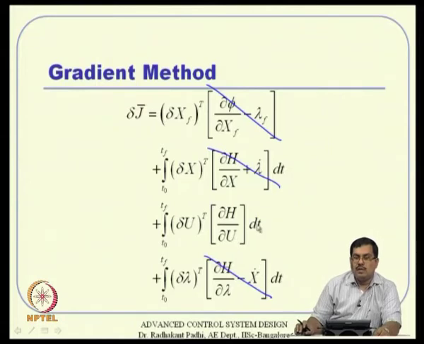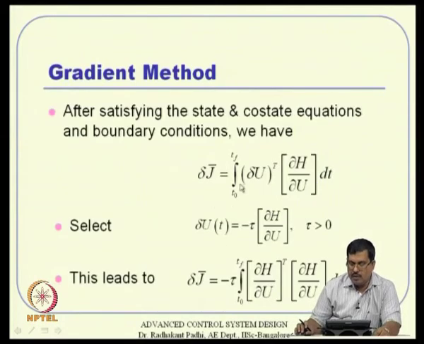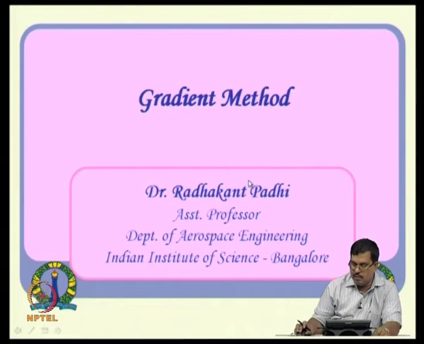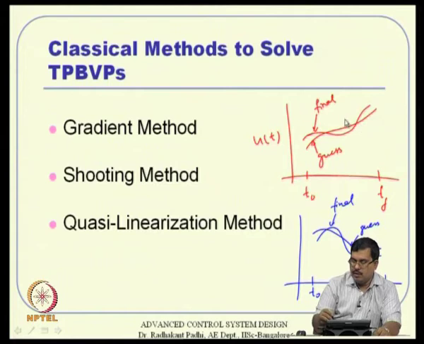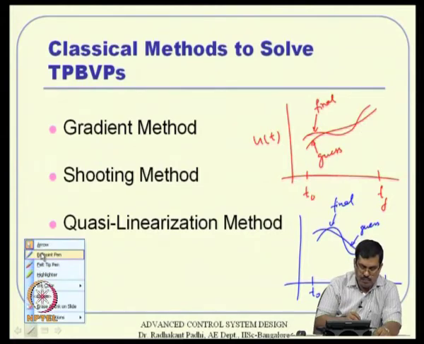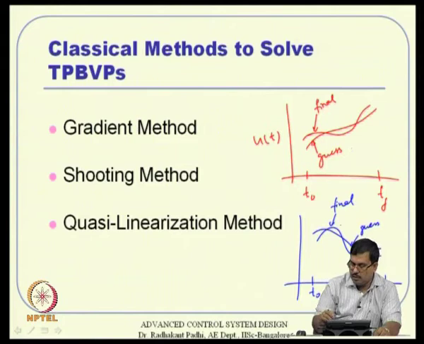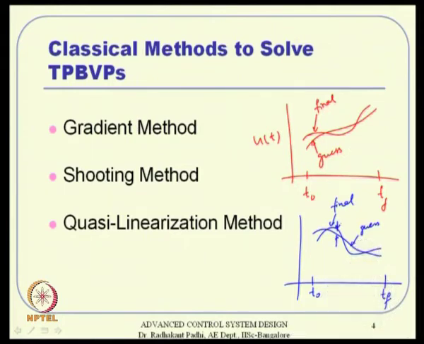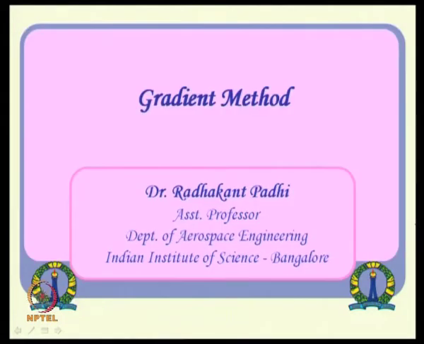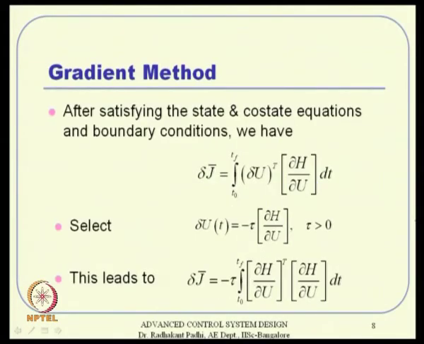So, del j bar, the first variation of j bar, has only this term. Now, let us select del u, that is the one that we need to update, remember that. We already have some u. By definition, this difference is del u, and that is something we need to find out.